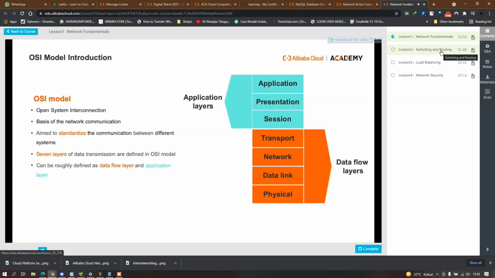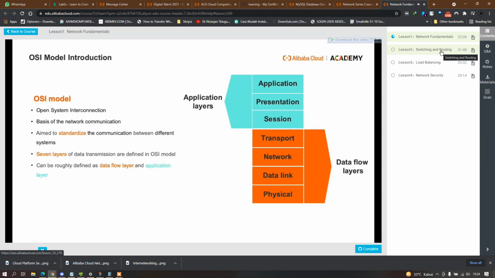The OSI model is aimed at standardizing communication between different systems. Because as we know, each system has its own protocol for communication, right? So we need a standard to make communication between different systems possible.